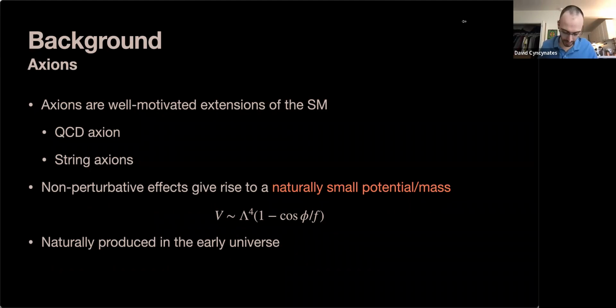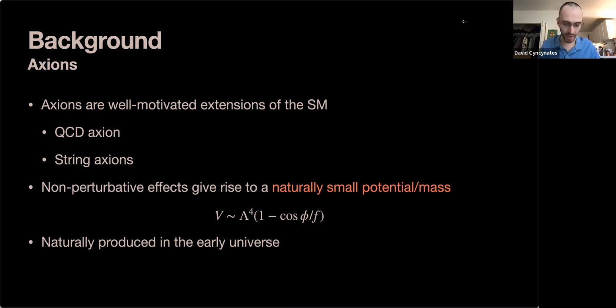On the other hand, inside the cosine here, we have the axion field phi divided by f. F is known as the decay constant, and it suppresses the axion's self-interactions and the axion's interactions with the standard model. And so it is important that f naturally lives up in the UV, making the axion a weakly coupled particle, and thus a good candidate for BSM physics.